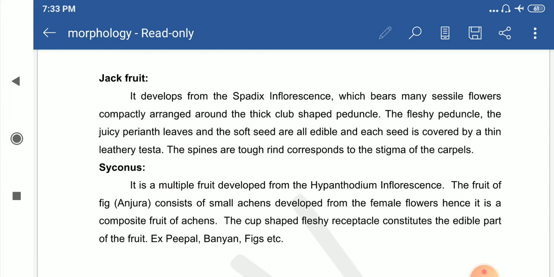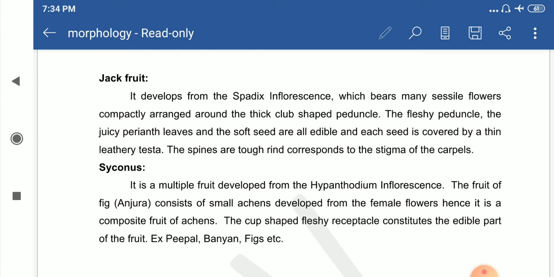Usually inflorescence, flower and the fruit are interconnected. So fruit: simple fruit, aggregated fruit. In the simple fruit, dry fruit and fleshy fruit, and aggregated fruit and the multiple fruits. Okay, this is an overview of the types of fruits and the significance of fruit.